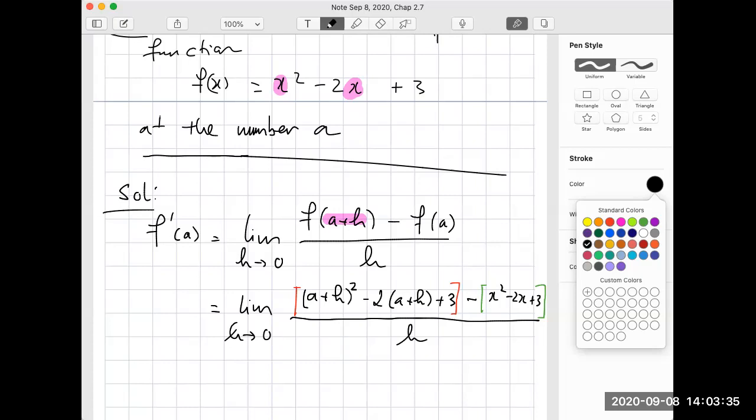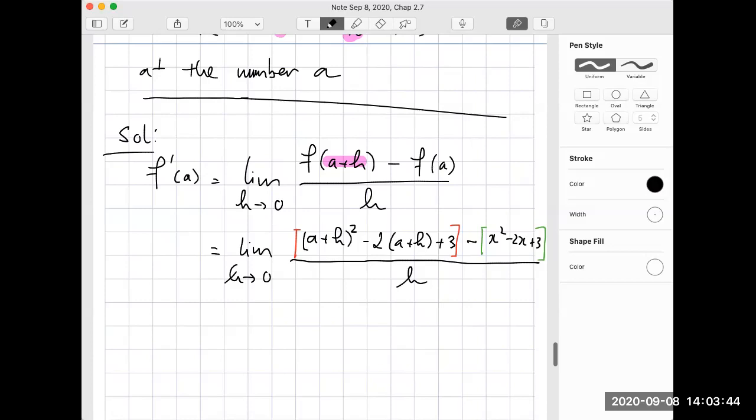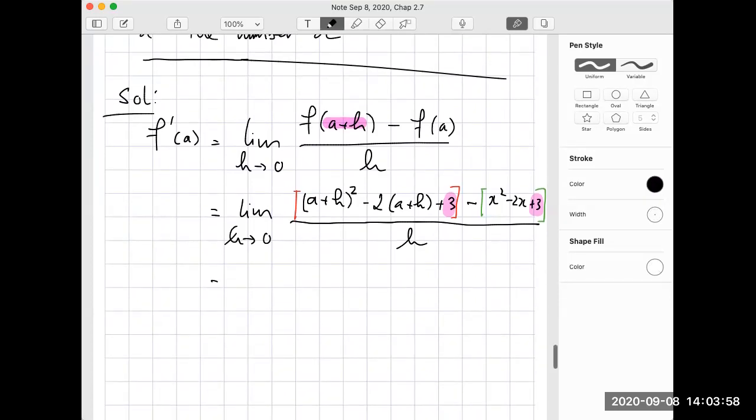And the denominator. Here, we should be very careful because here this is a negative sign. So when we remove the parentheses here, the constant 3 will cancel with this number 3 right here, right? Therefore, this limit when h approaches 0 will be, so let us expand this one.